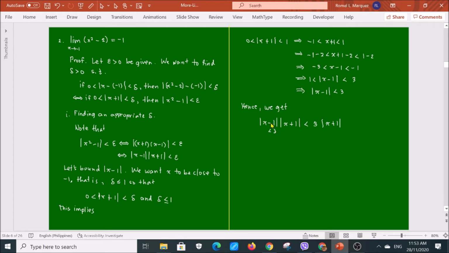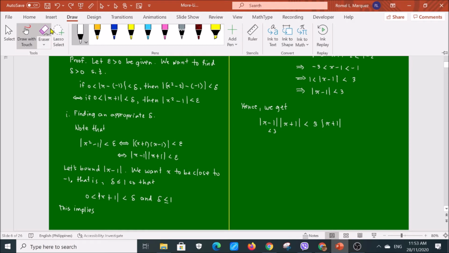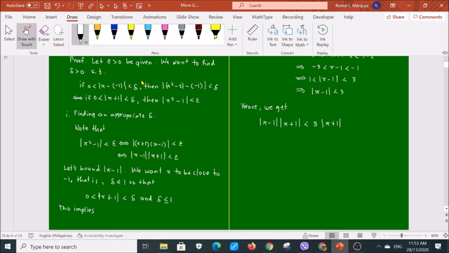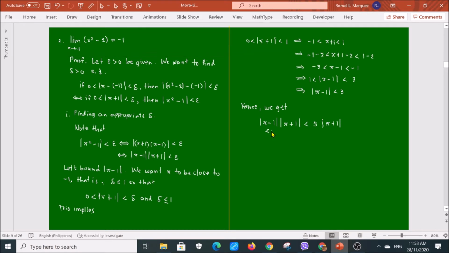So if I replace this by 3, this product now is greater than this. That's the hardest part of such proofs, no? Again, this quantity is less than 3, so that this is now true.